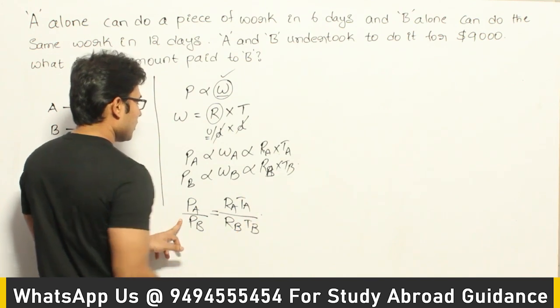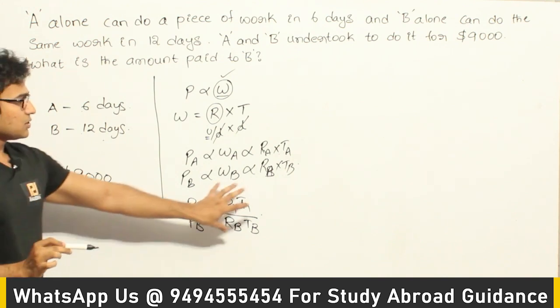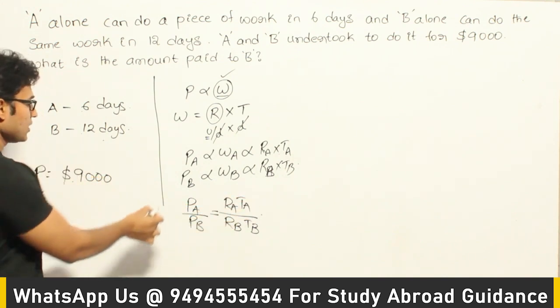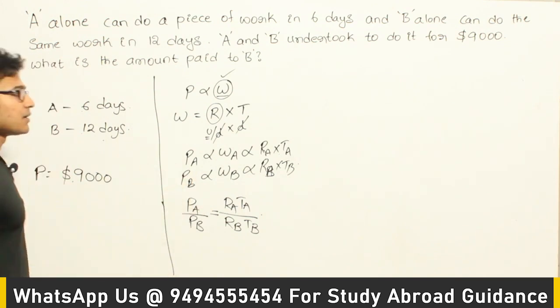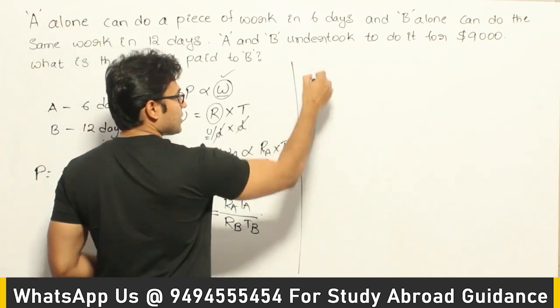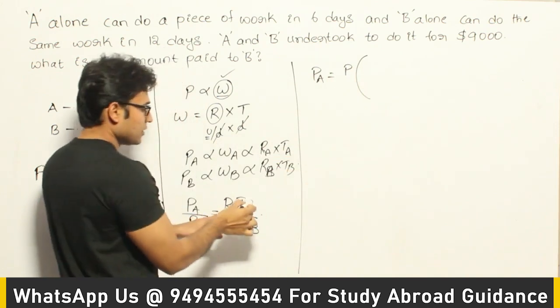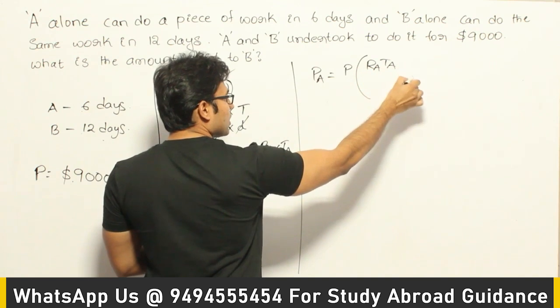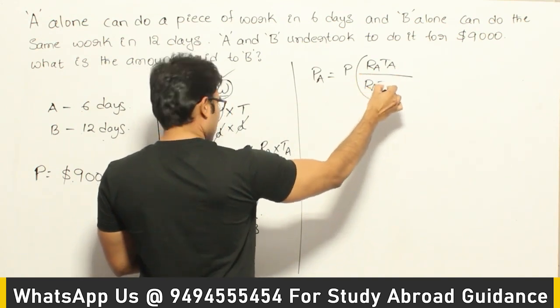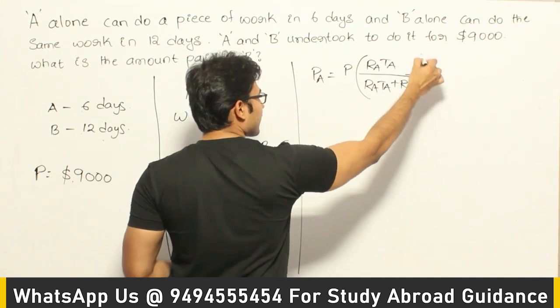Now assuming that the total payment associated with the project is P, we have to share it in this ratio, right? Then what will A get and what will B get? A is going to get, out of the total, RA into TA divided by RA into TA plus RB into TB.